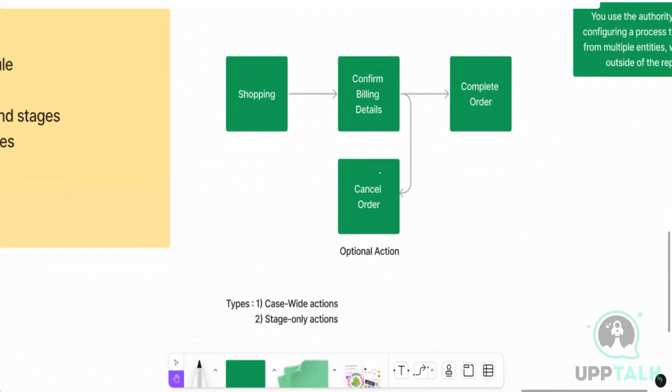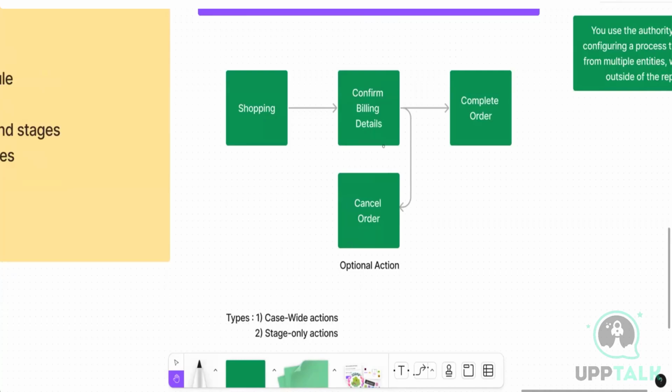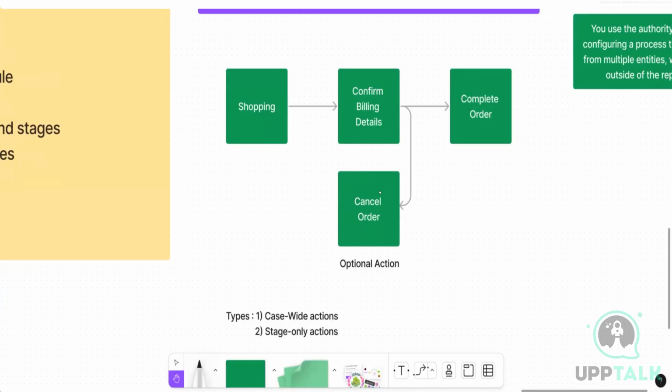That means it is linked to a stage. So that's why it is a stage-only action. Because if you start the case and you go to the shopping stage, you will not find this cancel order because it is not linked to shopping. It is linked to confirm billing details. So once you come to this confirm billing detail, you will get an extra option if you want to cancel.